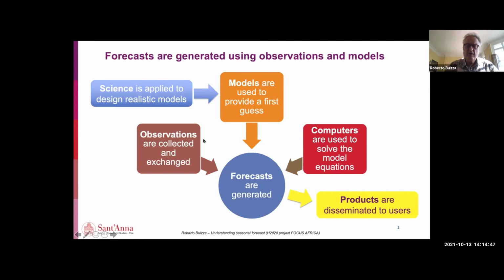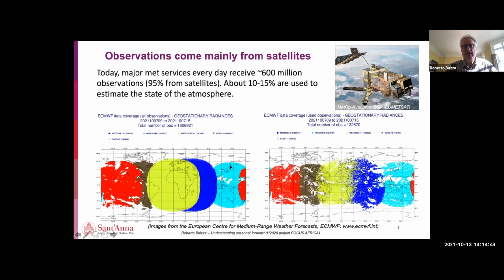So when I talk about observation, I mean mainly observations from satellites, okay? Here you see an image of the observation taken by 5 geostationary satellites. So there is one, for example, Meteosat 11, which looks down over Africa.